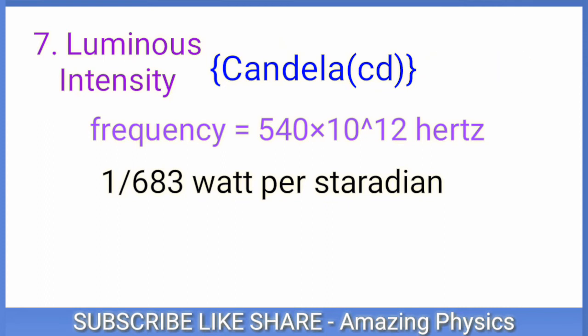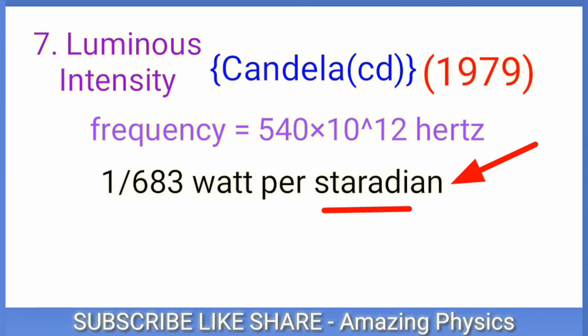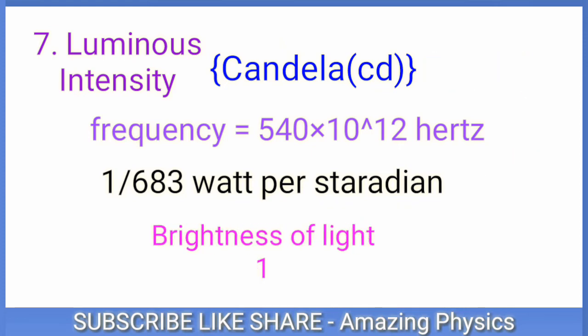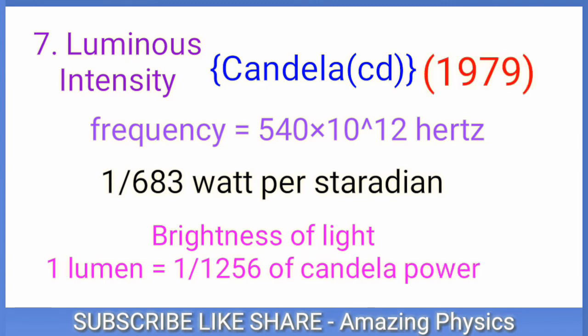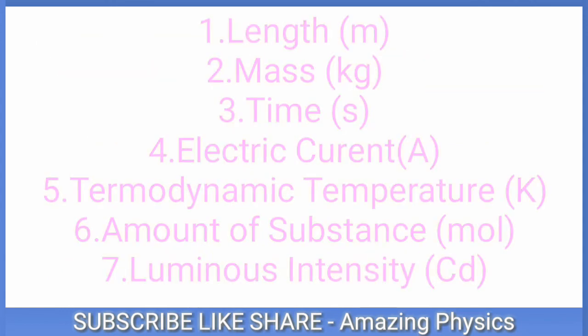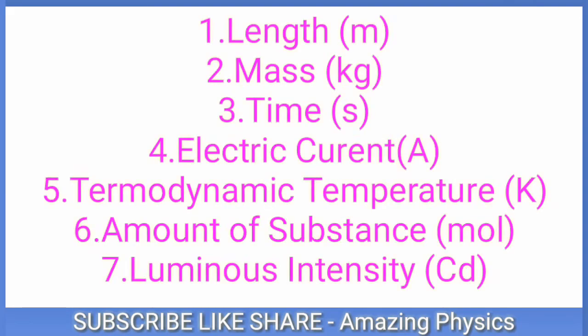This one was introduced in 1979. Here I used steradian. We will discuss it a little later in this video. We will use this to find the brightness of light. 1 lumen is equal to 1 upon 1256th of candle power. These 7 are fundamental units.